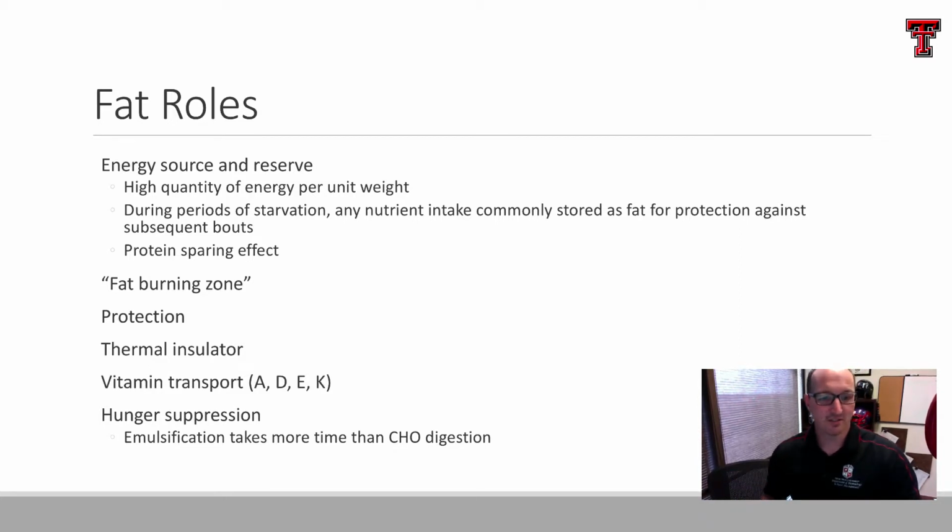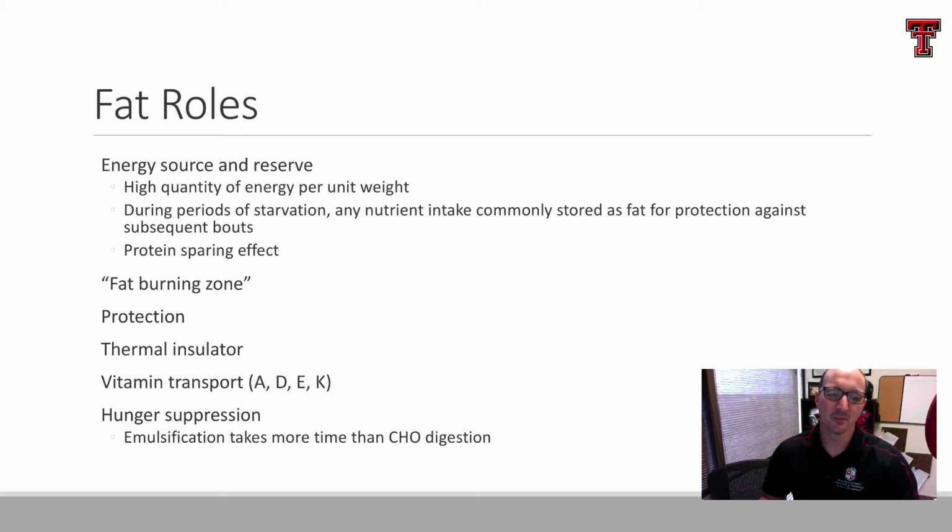Fat also serves as a cushion or a protector. It's also a thermal insulator. This is one reason our obese athletes are more at risk for heat-related illness, because it's more difficult for them to disperse body heat. We said that vitamins are fat soluble, so fat is involved in transport of those fat soluble vitamins.